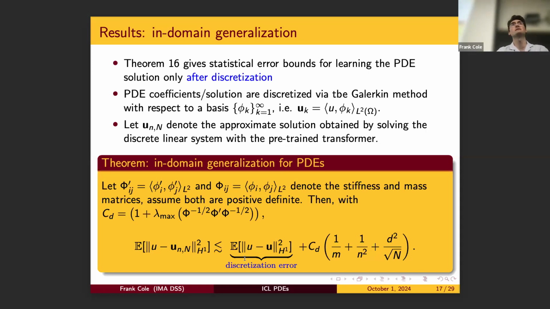We'll come back to this when we do some numerics, but there is definitely a trade-off in terms of how you choose this D. Yeah, C_D scales with D. It's probably like D squared, I think.